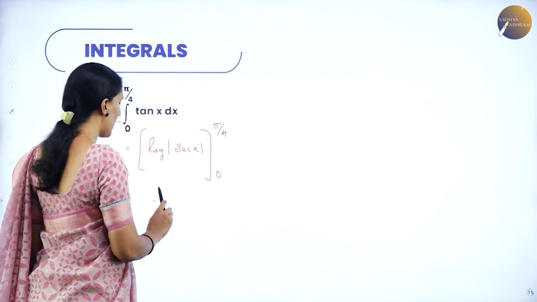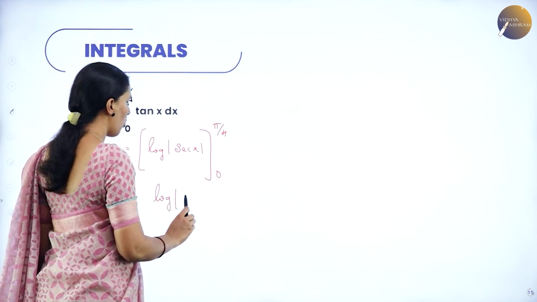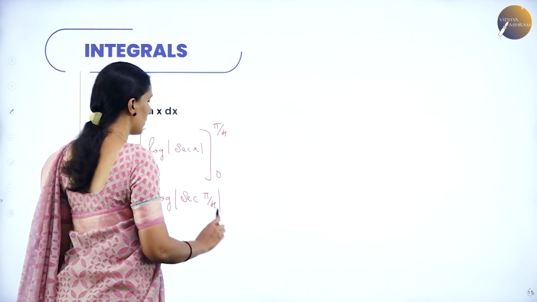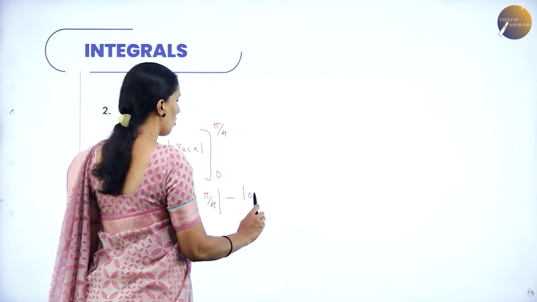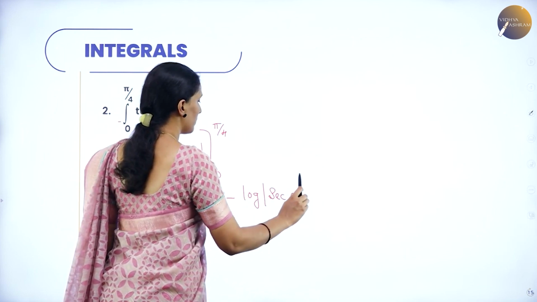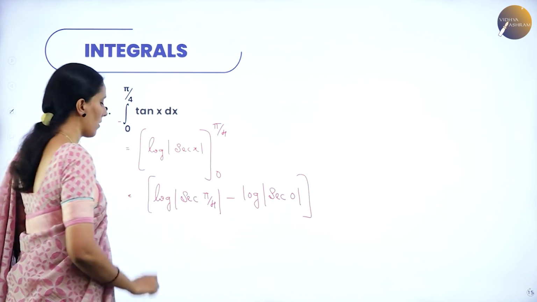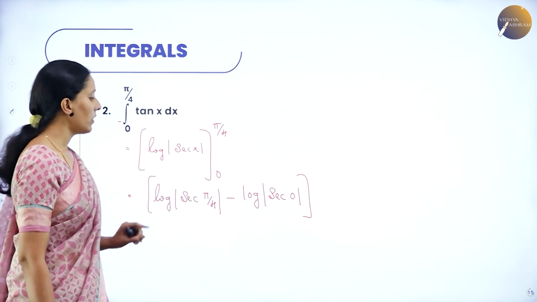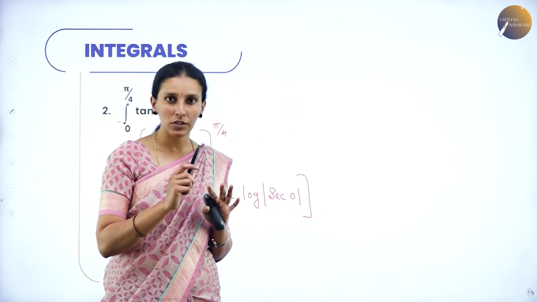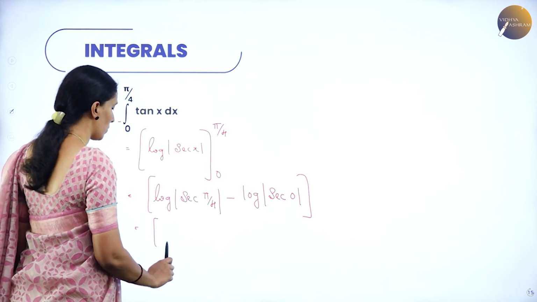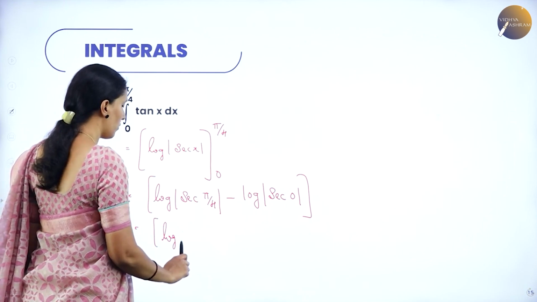Find out the upper limit value, that is log of secant of pi by 4, minus log of secant 0. So what is the value of secant pi by 4? We know that cos pi by 4 is 1 by root 2. So therefore secant pi by 4 is root 2. So therefore it becomes log of root 2.